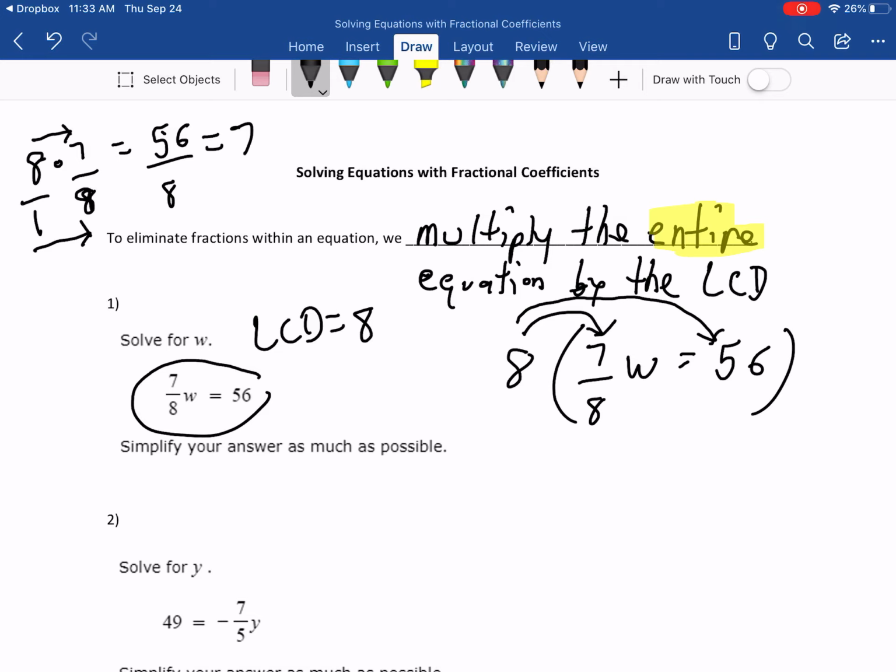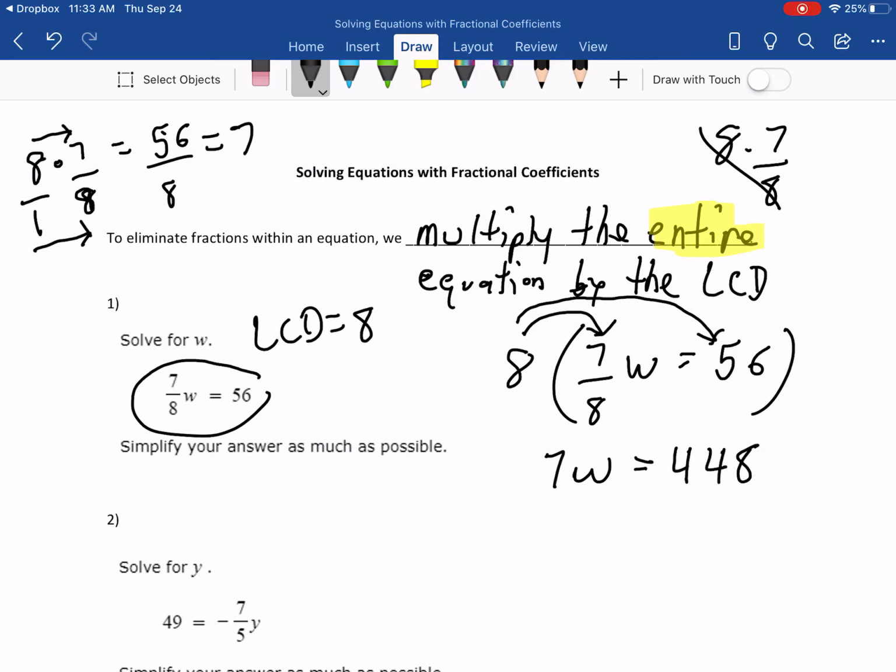Okay, that's the long way. The short way, do it on the other side. 8 times 7 over 8. We have times 8 divided by 8. Those cancel. We're just left with 7. And don't forget the W. So this multiplies to 7W equals 8 times 56 is 448.